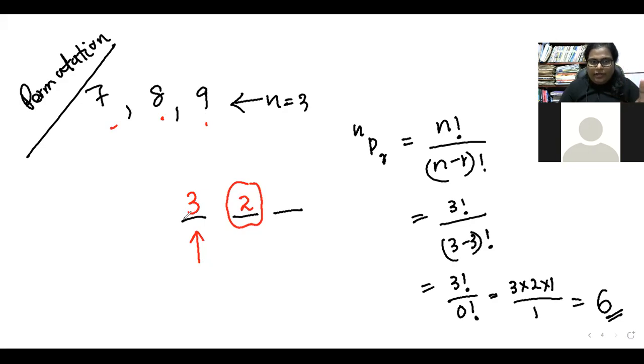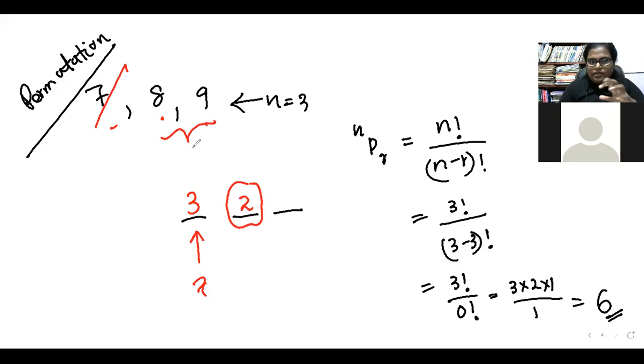After allocating like that, when we come to the second position we have two numbers, because let's think we allocated 7 to the first. Right? So when you come to this second position we can't take this 7 again because repetitions are not allowed.